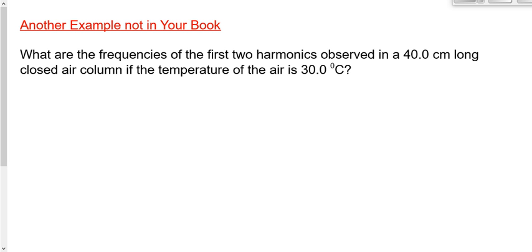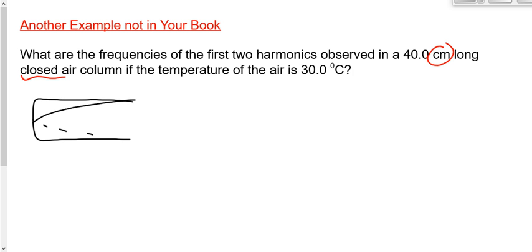You got some problems to work on, but it's the second one on the sheet that I handed out to you. It says, what are the frequencies of the first 2 harmonics observed in a 40 centimeter long closed air column? Closed air column, by the way, doesn't mean closed at both ends. It means closed at one end, open at the other. An open air column would be open at both ends.